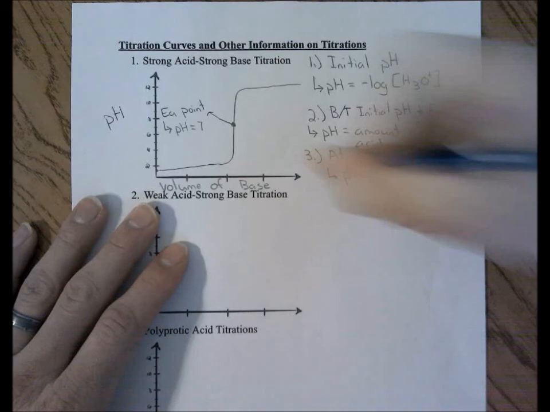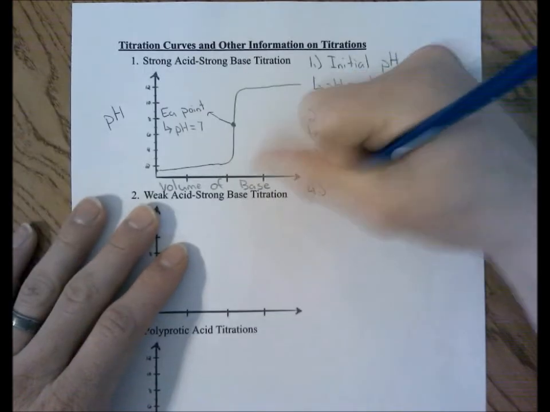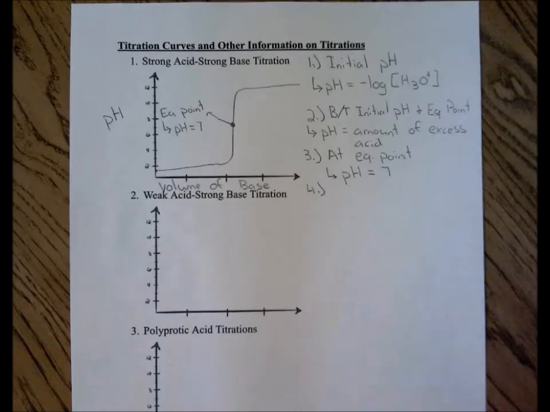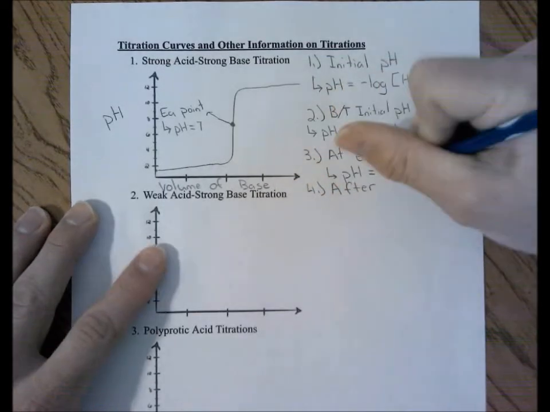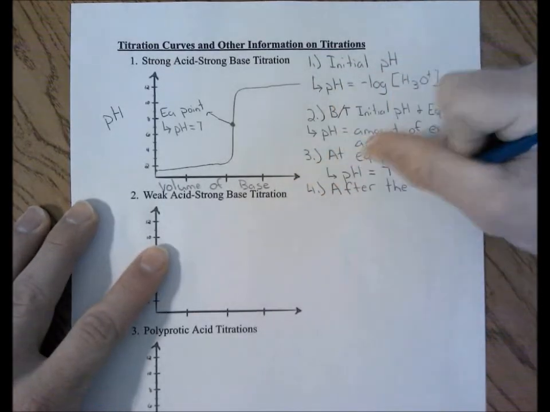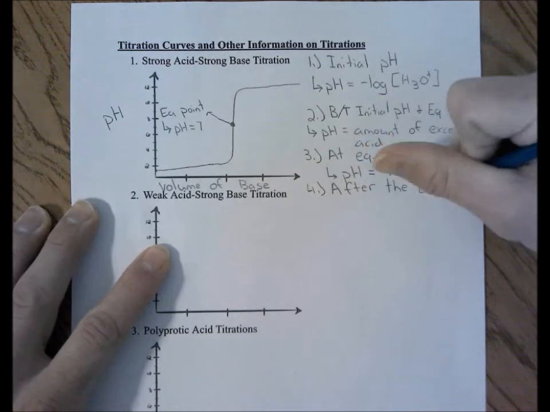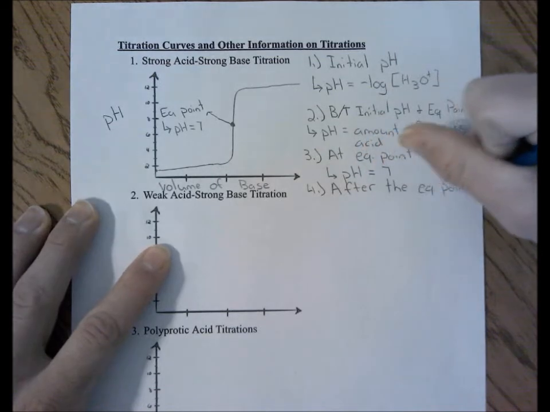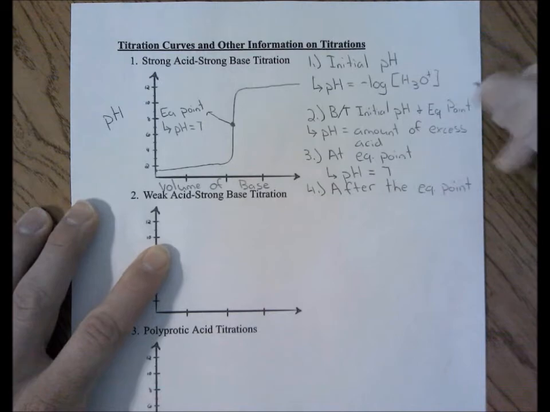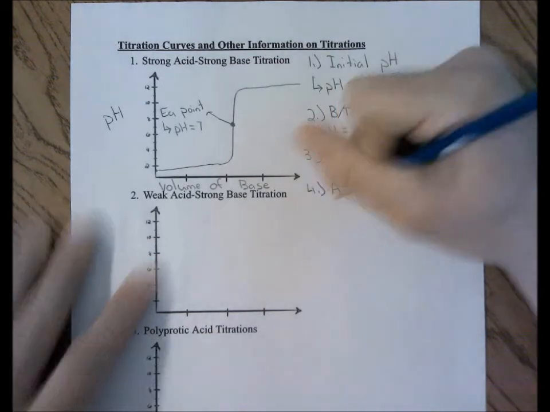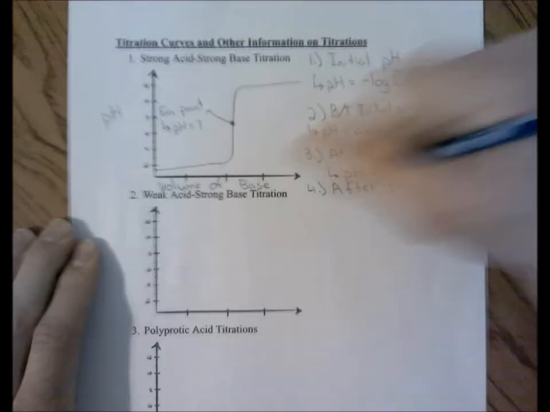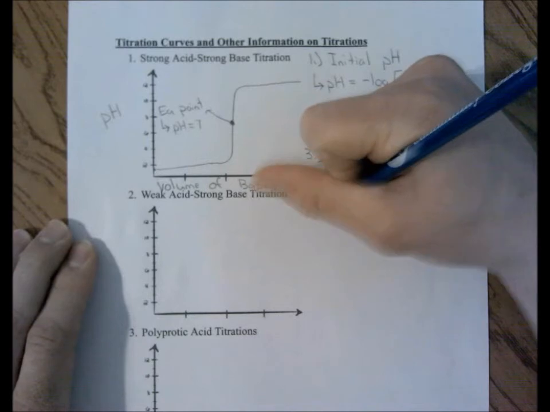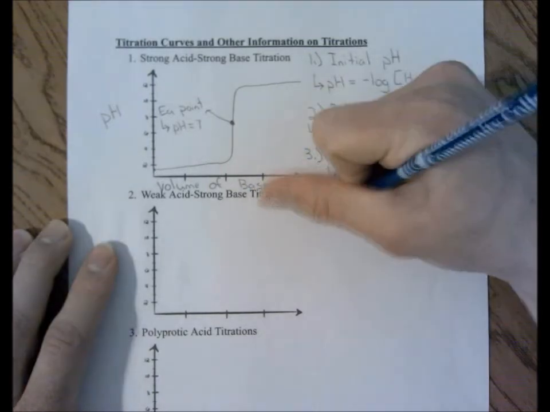Now, if we go past the equivalence point, the pH is determined by the amount of excess strong base.